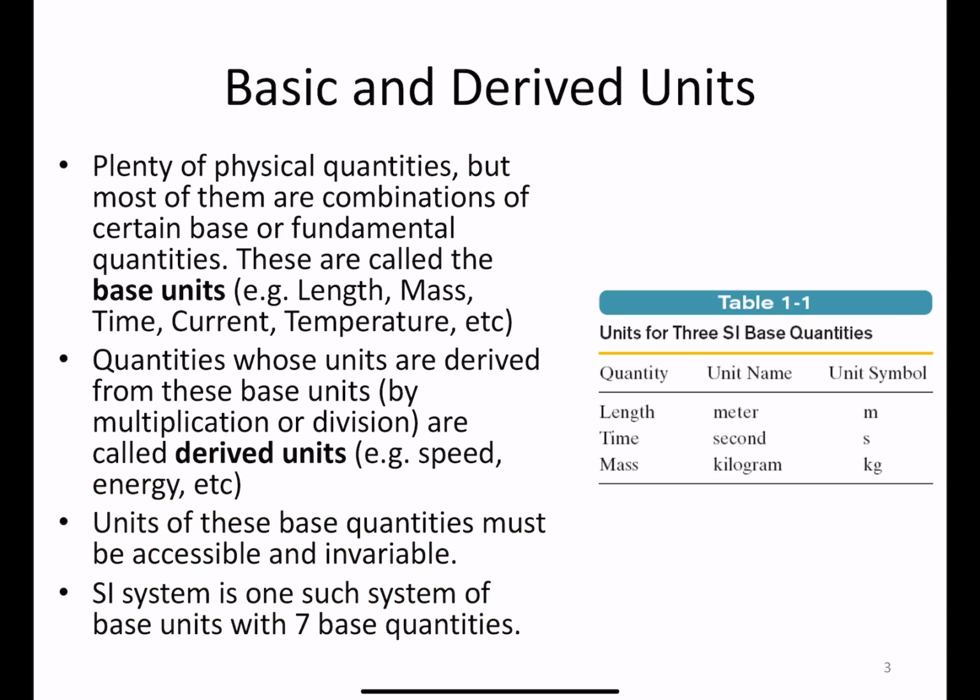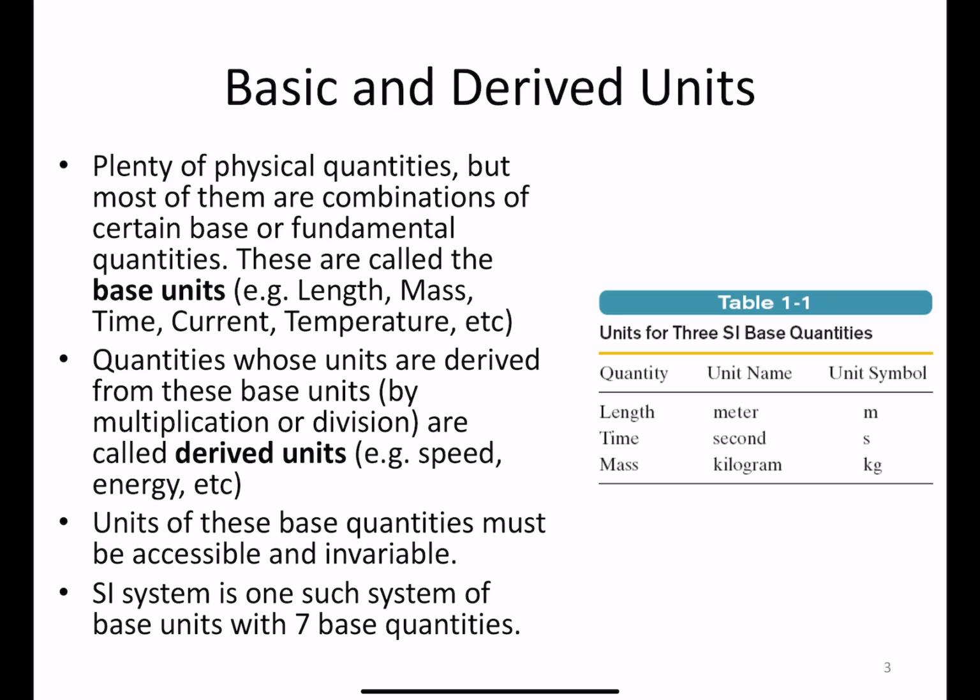Okay. Now let's come back to Earth and talk about more basic things. In order to do measurements, we use units, and there are 2 kinds of units: basic units and derived units. So what are basic units?